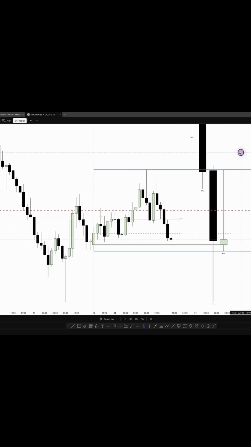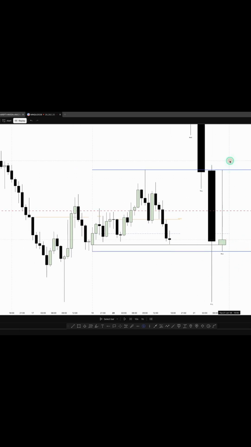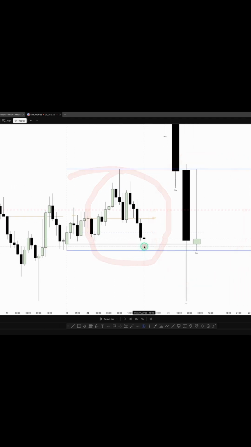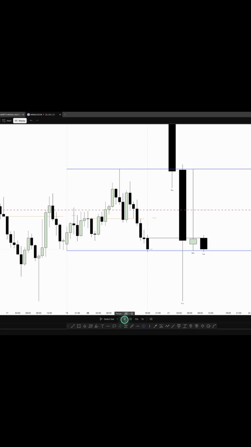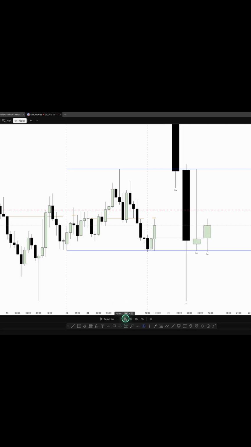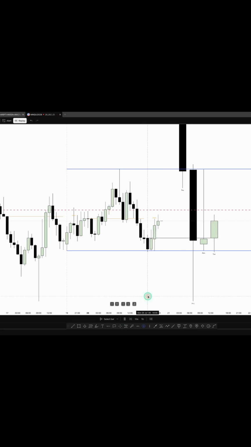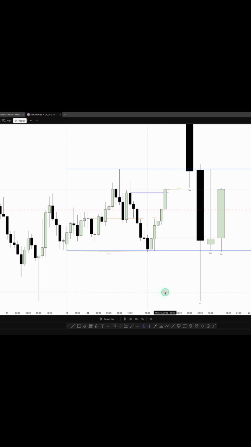On the hourly chart, you see that I have my daily candles here and then the hourly candles here. So then I'll fast forward to 9 o'clock, if it allows me to do it. Let's see here.